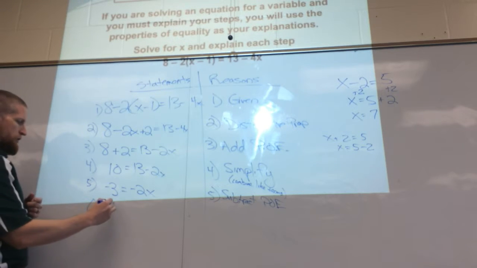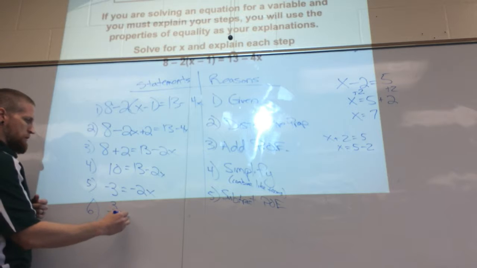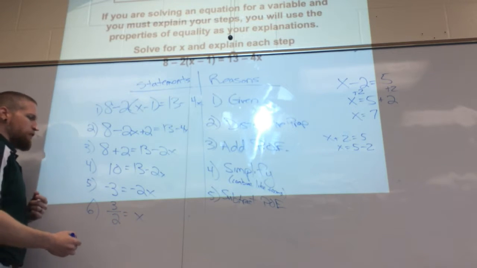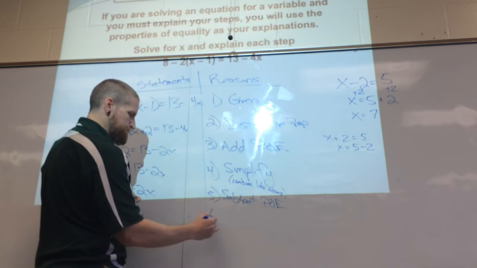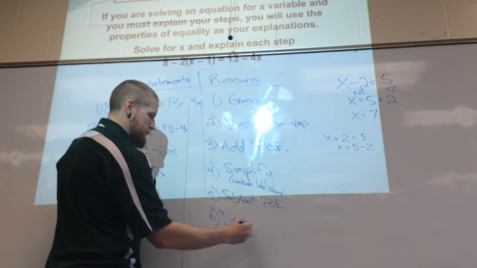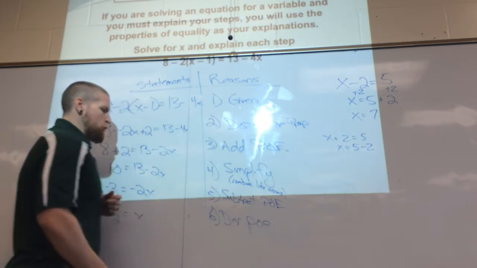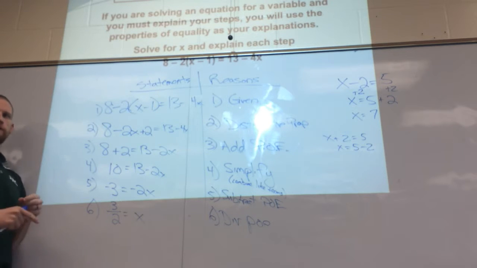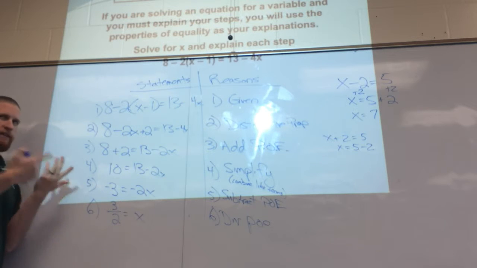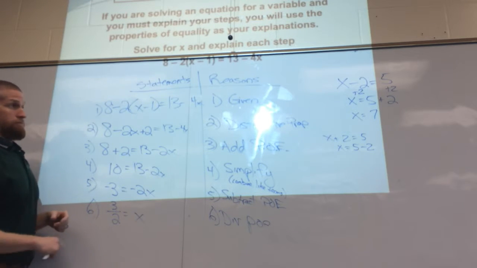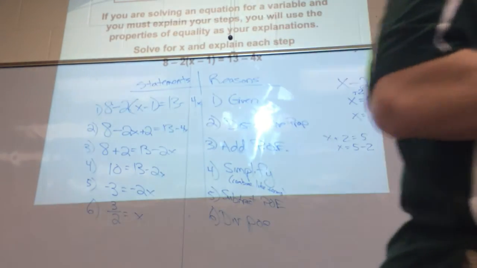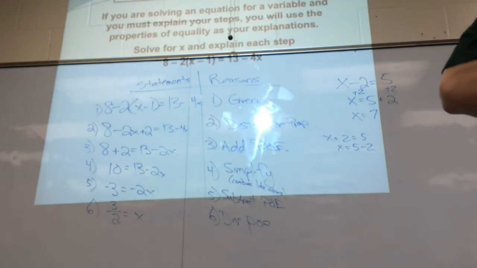Divide by -2, so that would give you 3/2. You divide it by 2, the 2 better be on the bottom. And that's fine. If you wanted to add one more step and reverse it so you got the x on the left-hand side, you can add symmetric. I still get to waste the step, but whatever. Okay? Some people like to see it that way, and that's fine.